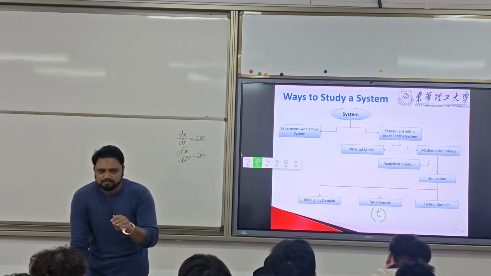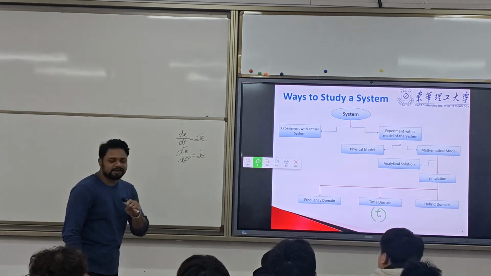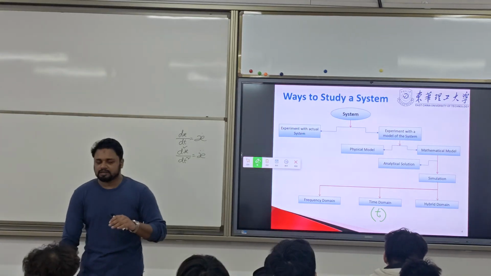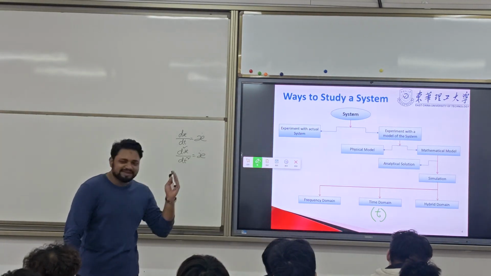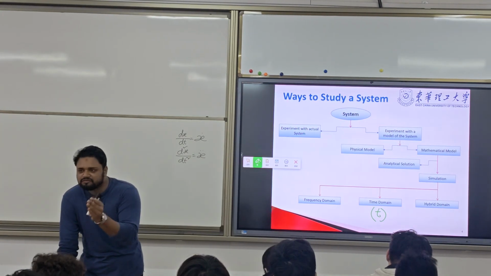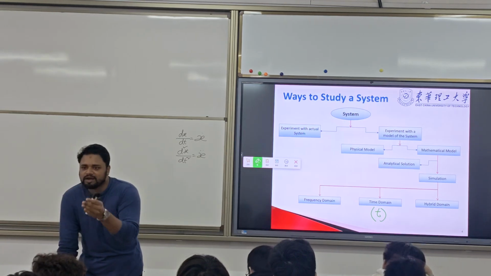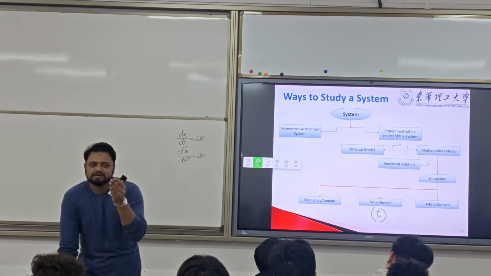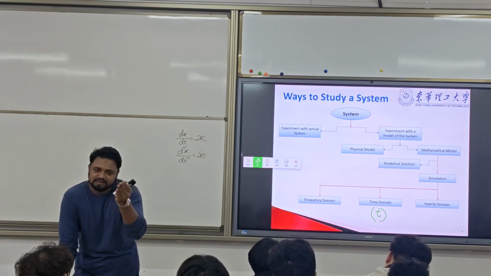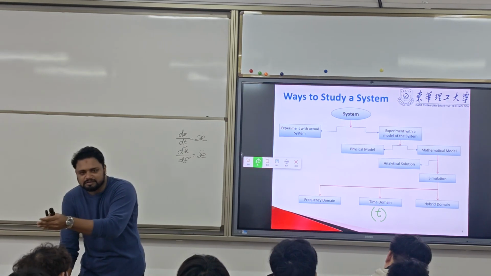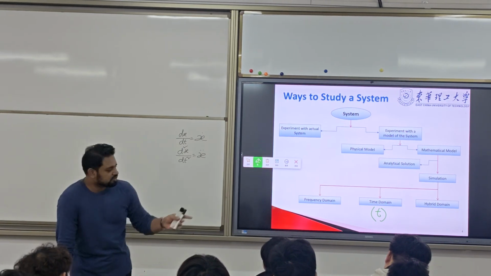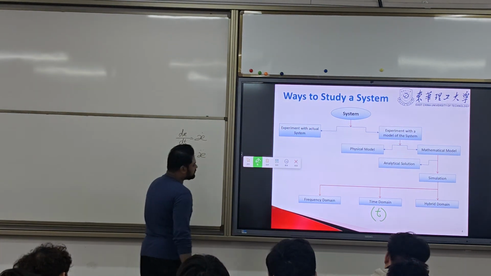Time domain is not good to analyze the system. So we must convert it to another domain, mostly the frequency domain. We find the system in the time domain, then convert it to the frequency domain, then analyze it.